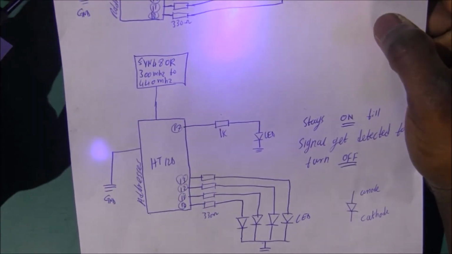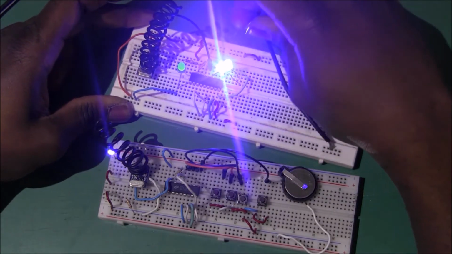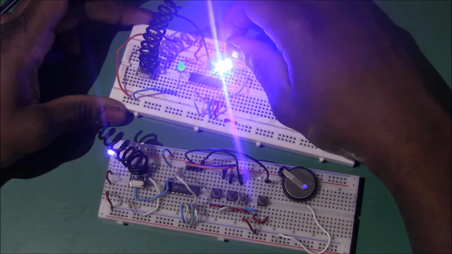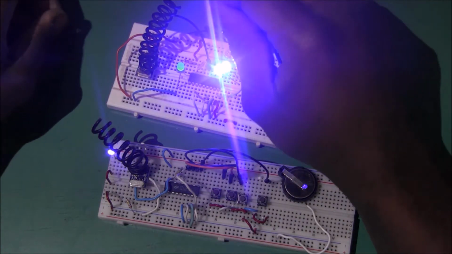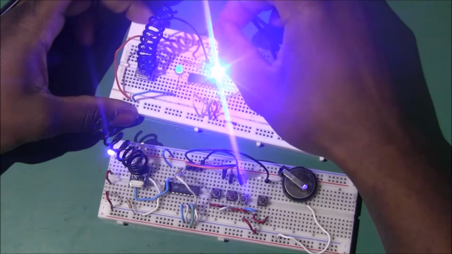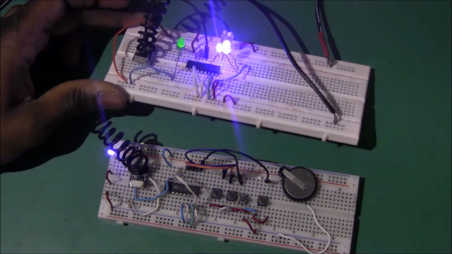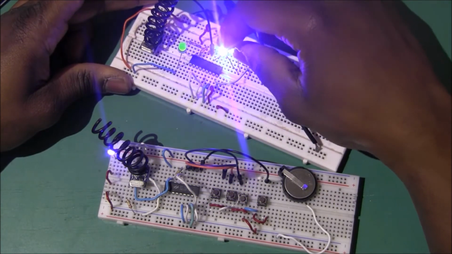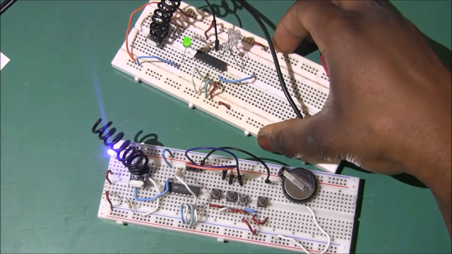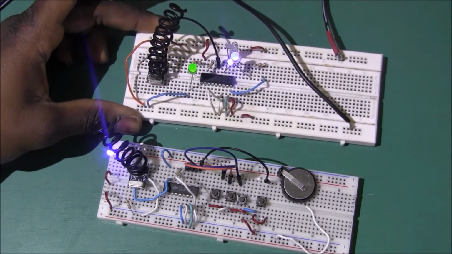So I'm going to mix them and see the difference. Now it's a little too bright. Maybe I should reduce it. I ground it with the 10K, so they won't disturb the camera much.